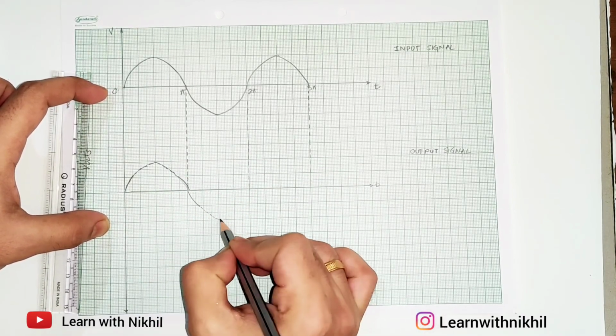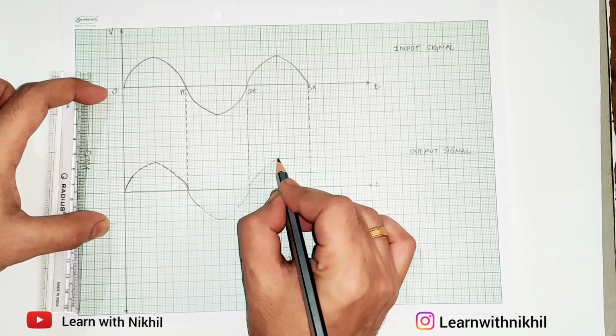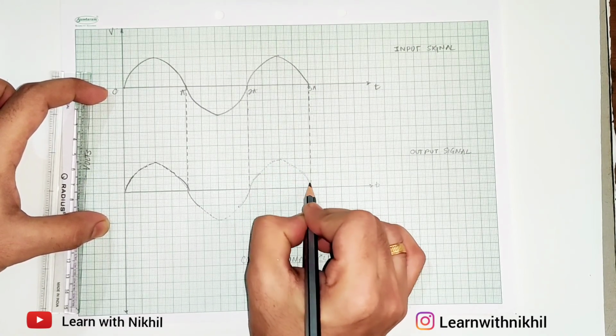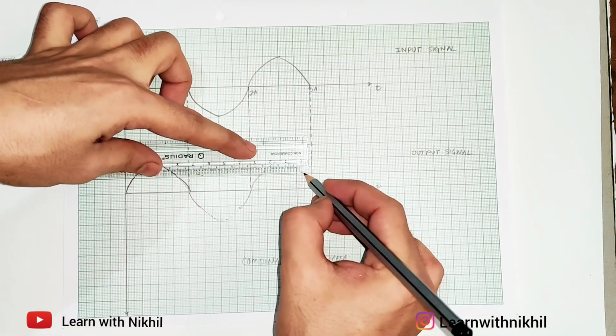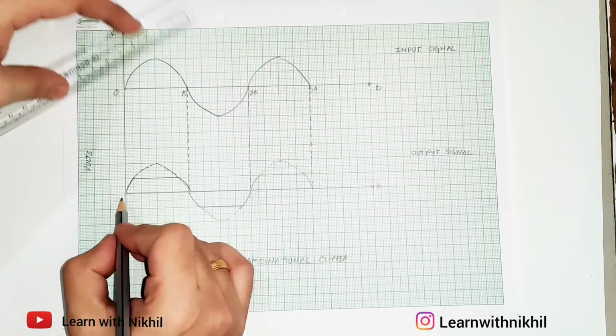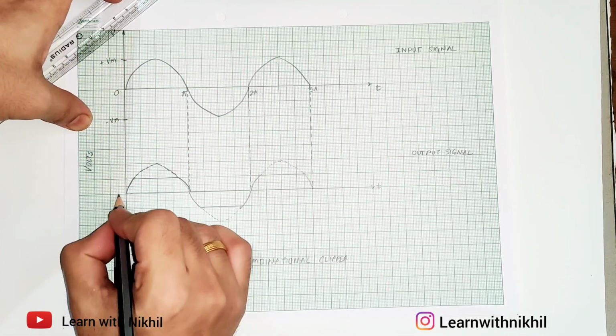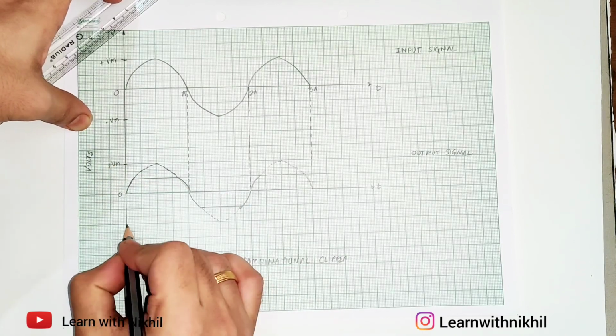This is the negative dotted part, and I'll join this dark. So this is the clipped part. Positive and negative, both the peaks are clipped. In the combinational clipper, we can adjust them.